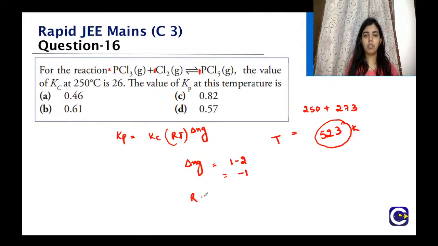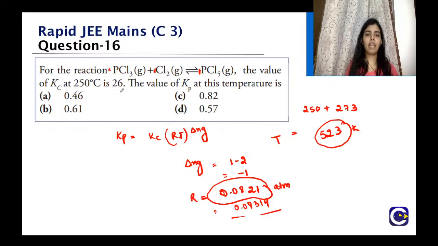The R value will be 0.0821 if Kp is found in atmosphere, and if it is given in bar liter basically, then you will keep it as 0.08314, right. So we will calculate it in atmosphere first. Temperature is 523 Kelvin, Kc is given as 26.